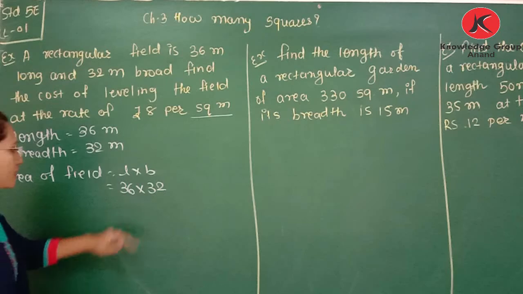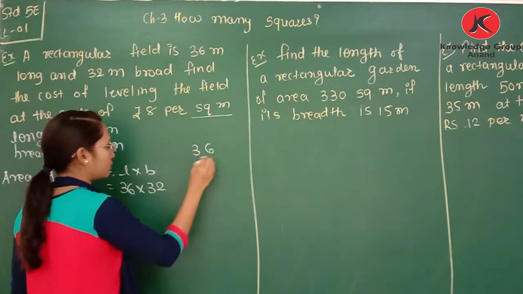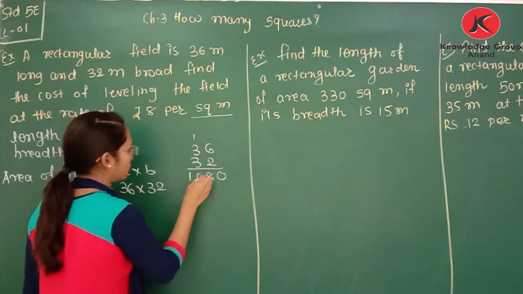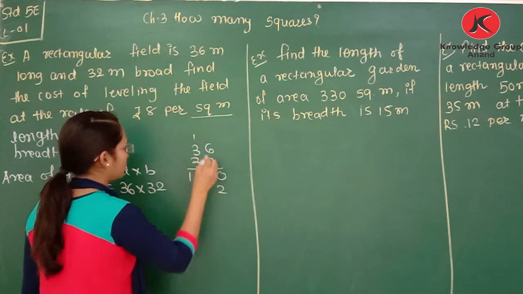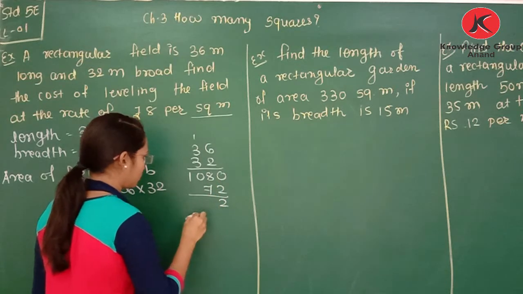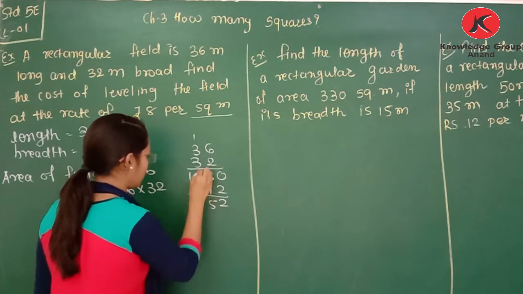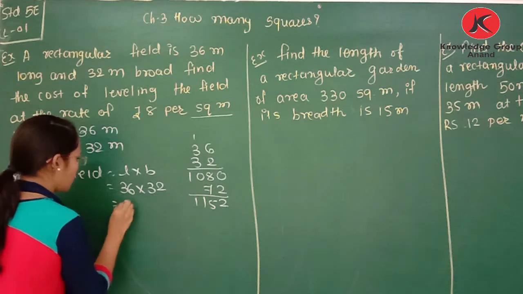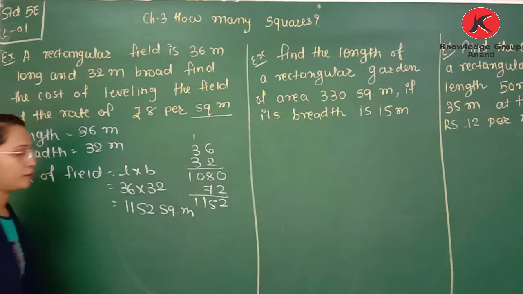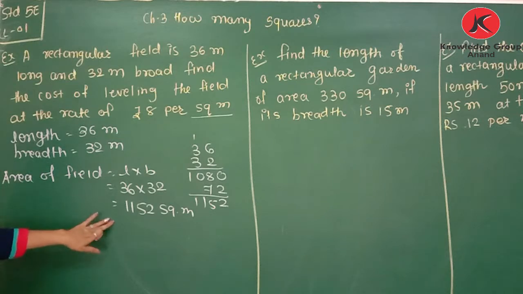So find the multiplication of these two. It is 1152 square meter. Now here we found the area.